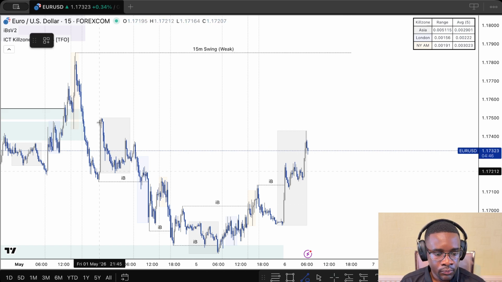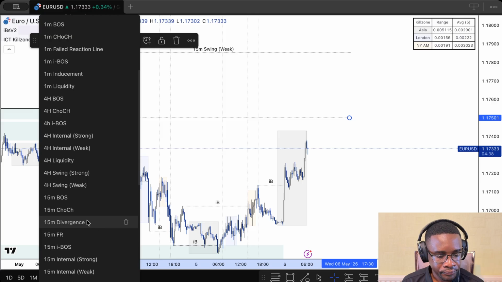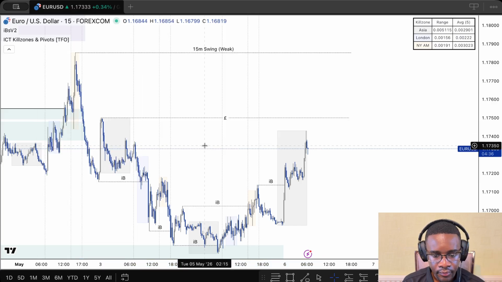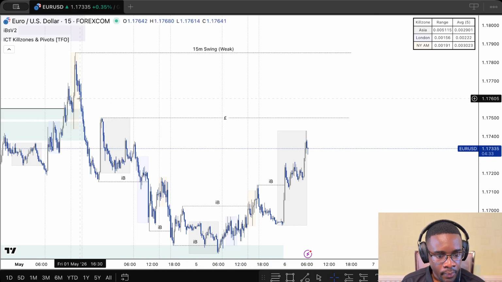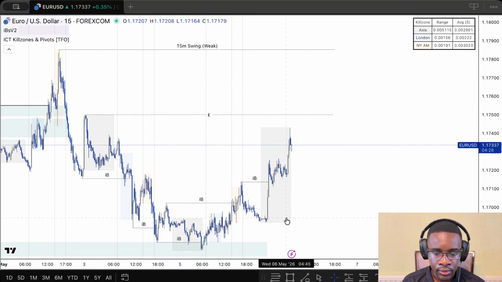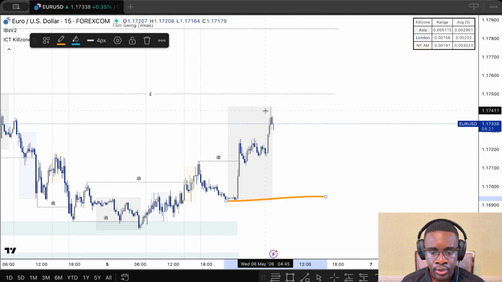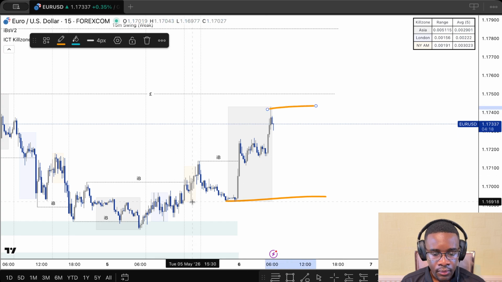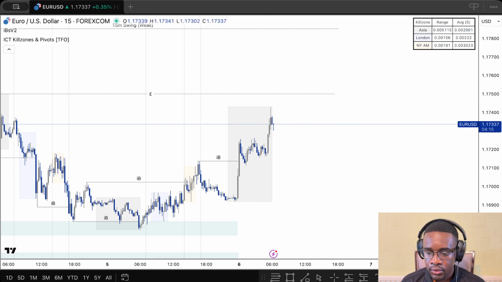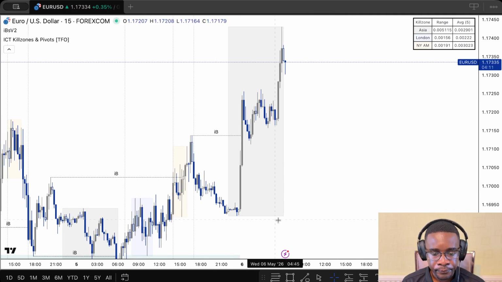So we do have this Asia high liquidity to target. And then a higher high is not supply, so we expect that to fail. So within this range, what POIs could be there?